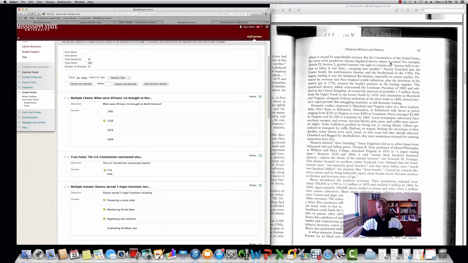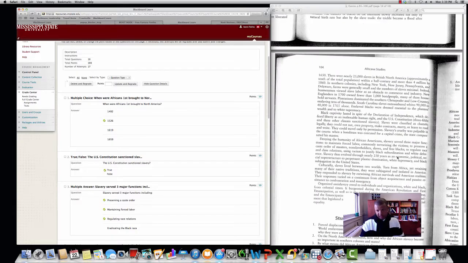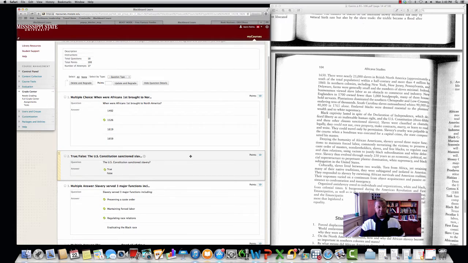Yeah, it sure did, in Article 4, Section 2 of the U.S. Constitution. The answer to that question is also on page 104 of the Gavin's article. And they actually use the term sanctioned slavery right here in the second paragraph: 3/5 and other clauses actually sanctioned slavery. So that's the answer to number 2.